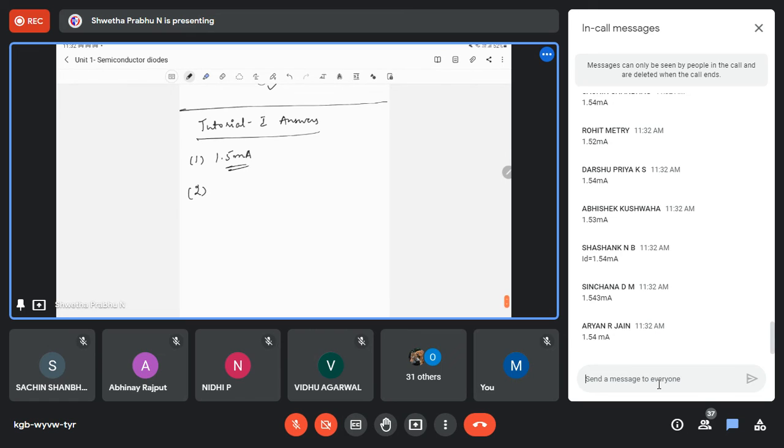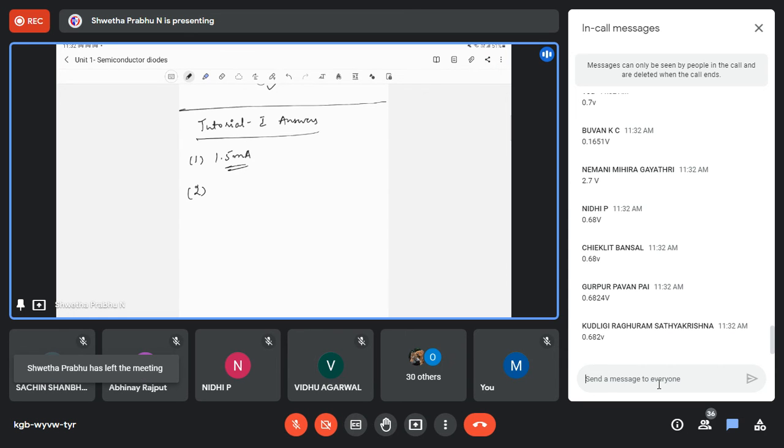Second question. Okay, fine. Coming to the second question, what is the answer? ID. They're asking you to calculate forward voltage.